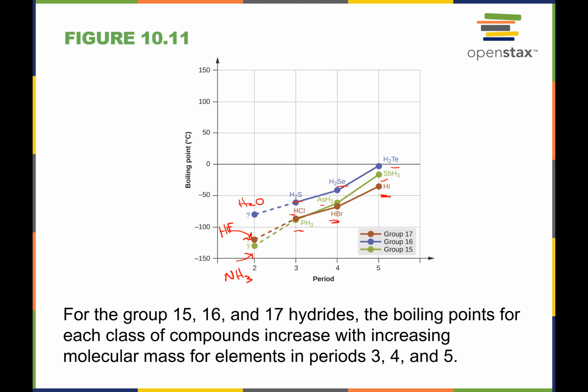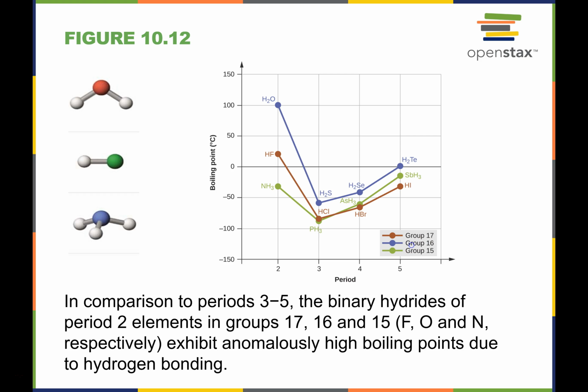If you go on to fill in the blank for the H2O and the HF and the NH3, why are they so much higher? Yep, because they can hydrogen bond.